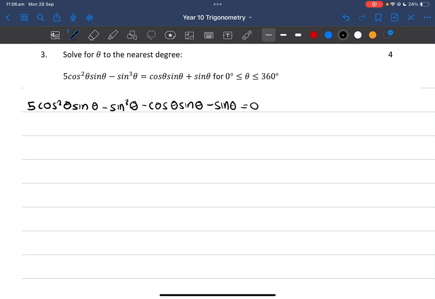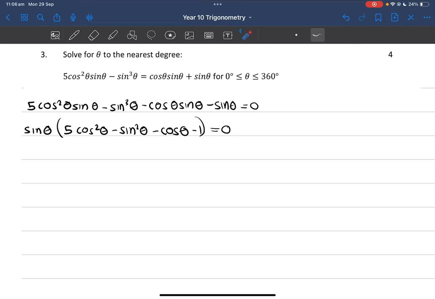0. So you may notice that all of these terms have a sine theta in common, so we can go ahead and factor it out. So sine theta times 5 cos squared theta minus sine squared theta minus cos theta minus 1 equals 0. Now you may notice in this bracket, everything's a cos theta except for the sine squared theta.